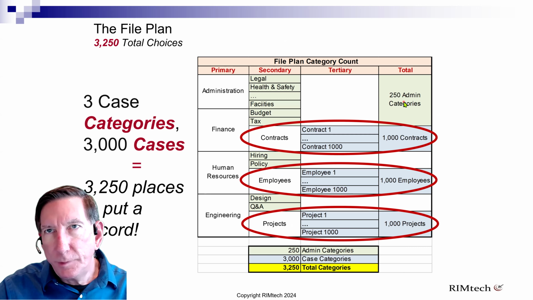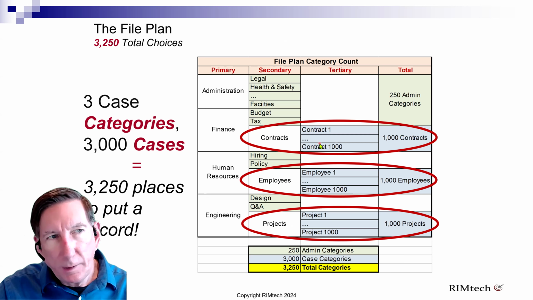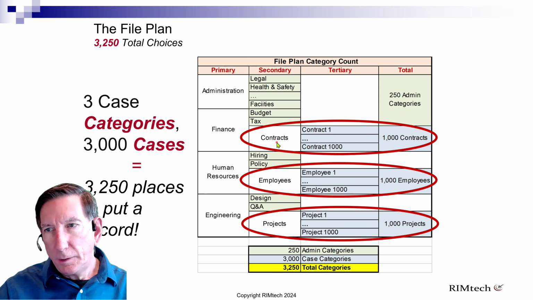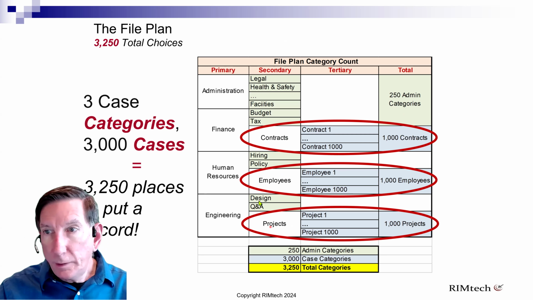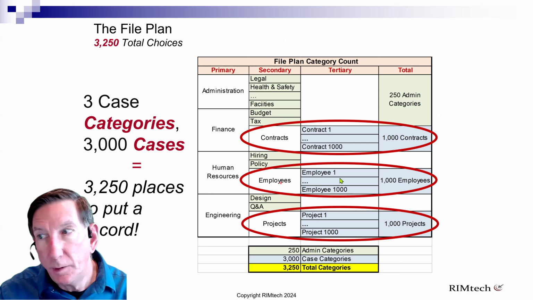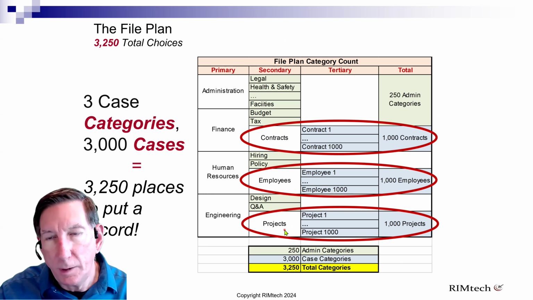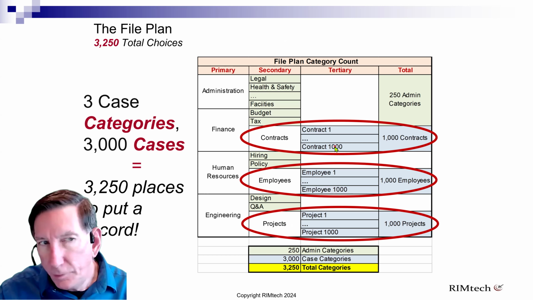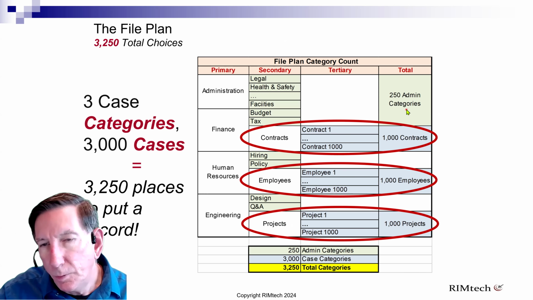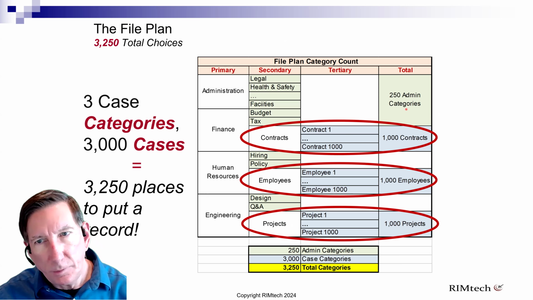But what about the 60% or 4,800 records that are about these 3 cases? Well, they could be about a contract, which means there's 1,000 possible places to go. They could be about employees, which means another 1,000 places to go, and so on. So in total, in SharePoint, for this example, we need 3,250 different places in SharePoint for those 12,000 records a day to go.